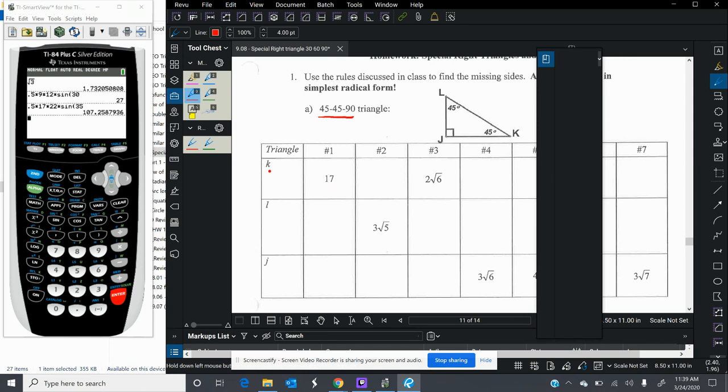So if little k is 17, and you know little k is one of the 2 legs across from the 45, and little l is across from the 45, and across from the 90 is your j. We know k, l, and j are across from each of the sides. So this is always your x, x, x square root of 2. So if little k is 17, then little l would be 17, and j would be 17 square roots of 2.